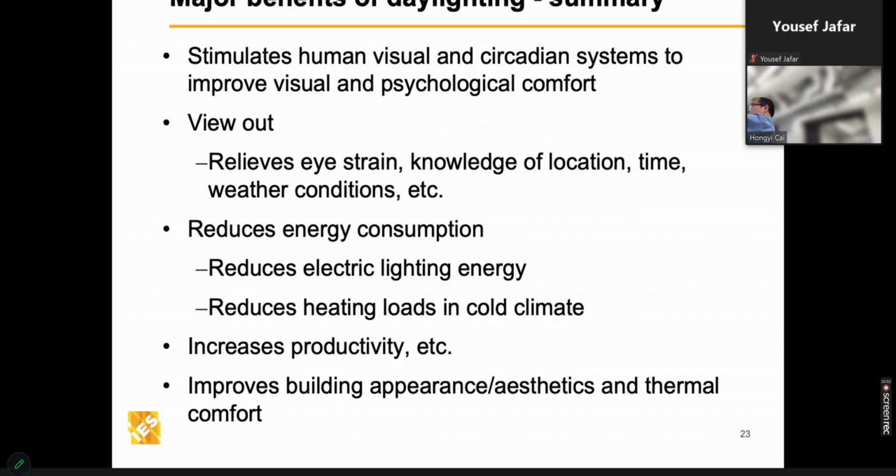And then you consider increasing productivity and improving the building appearance, those kinds of extra advantages. So keep this list in your mind because I truly hope that when you graduate and go to the industry or any other work positions, you should satisfy human needs first, not the energy consumption.